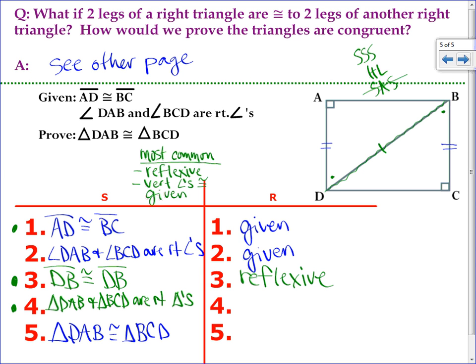Definition of right triangle. This step right here, step 4, has to be in your HL proofs. Obviously the letters of the triangles are going to be different, but everything else will be the same. You have to say that you have right triangles. So what reason did we use? Yeah, our shortcut on this one was HL. Questions?